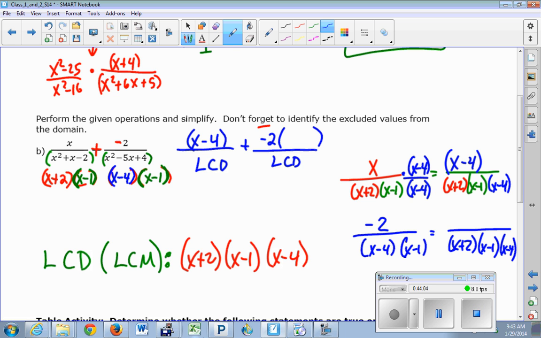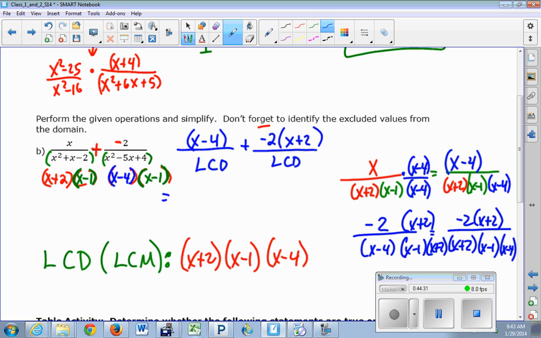So the factor that's missing from this fraction to this fraction, they both have an x minus 4, they both have an x minus 1. You have to multiply top and bottom by x plus 2. So your equivalent fraction is negative 2 times x plus 2. See why it's important to have that negative there? Because if you kept that as a 2 and the negative was out there, when you go to multiply, you're going to forget to distribute the negative.